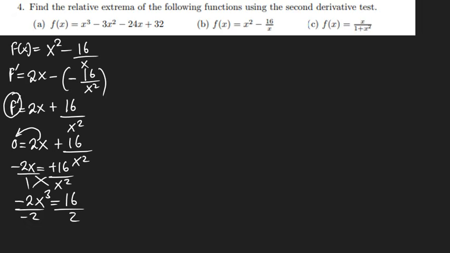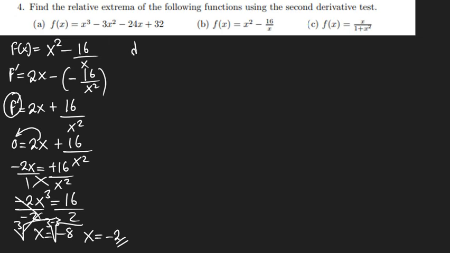Divide by minus 2, x cubed is equal to negative 8. We find the cube root of negative 8, and your x is equal to negative 2. Okay, so you have a critical point, x is equal to negative 2. I think this one should even be very easy.